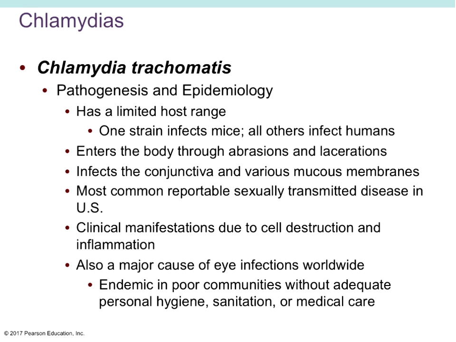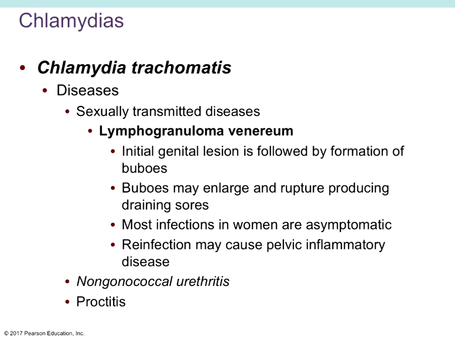Usually in very poor, crowded communities where there's inadequate personal hygiene and inadequate sanitation, we see this bacteria causing blindness for people. Remember we said that it can infect the conjunctiva and the mucous membranes of the caruncle of the eye.